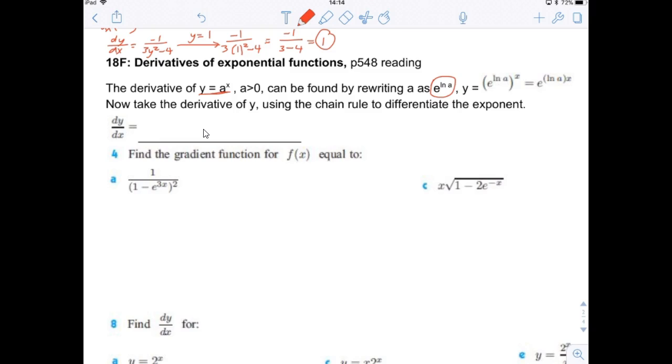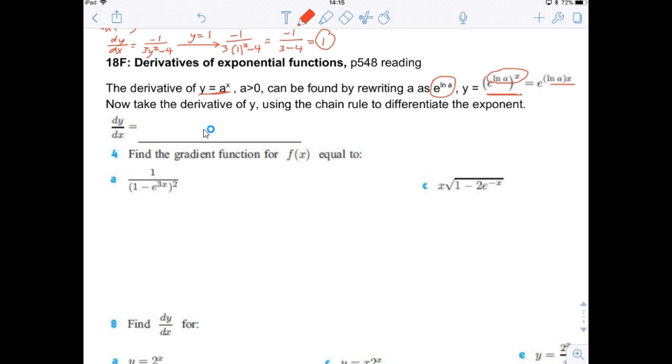So if you do both of them on a, you just get a back, right? So if you substitute that in for a, we end up with this expression, right? E to the natural log of a, to the x. And then now that we have these two exponents next to each other, we can multiply them. So we do that, natural log of a times x.